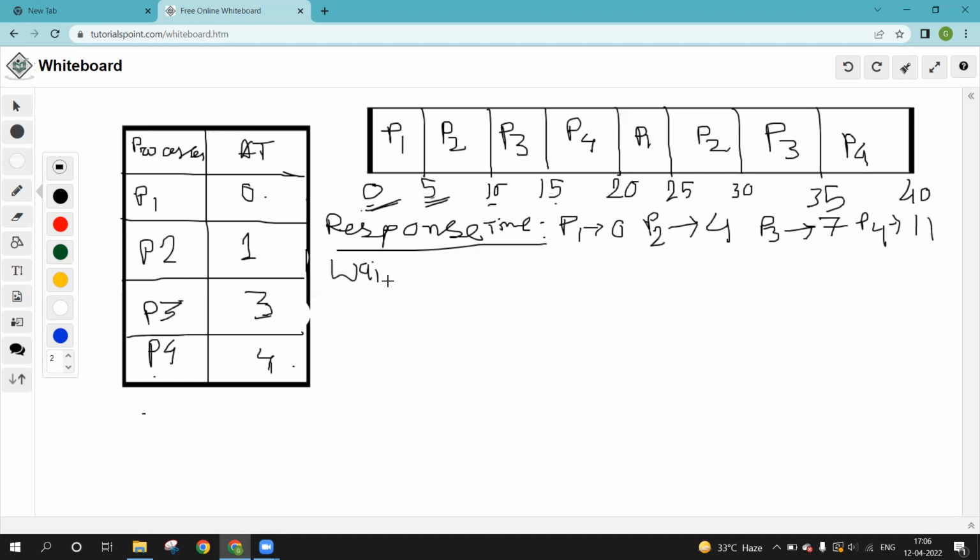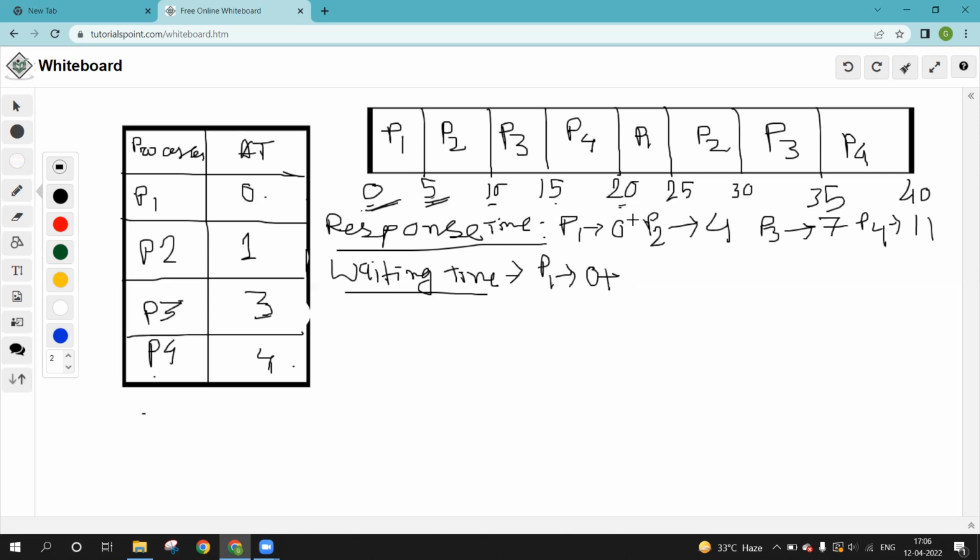Now waiting time. Waiting time is the summation of all waiting times, meaning the response time plus other waiting times. For P1, the first waiting time or response time is 0, plus the second waiting time: when it ends its first execution, this is 5, and again for the second time it starts its execution at 20.